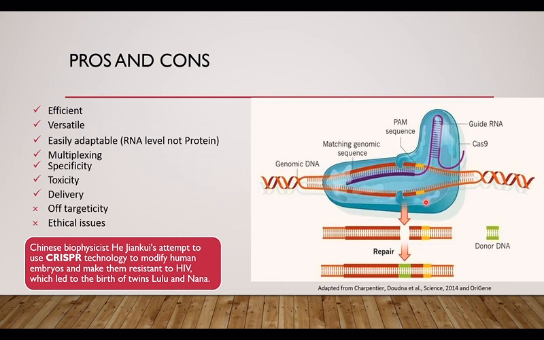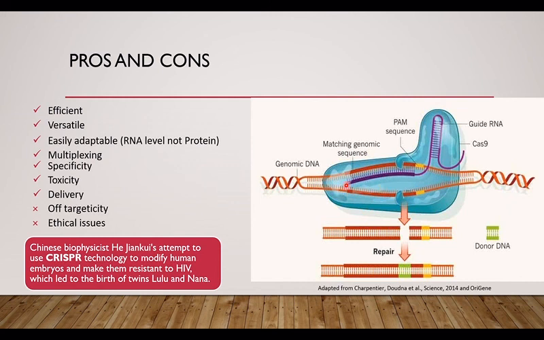Next, I am about to give a brief overview of the whole process with this picture. I hope you now have a proper idea of how the CRISPR Cas system works. This is the target site, and this is a non-target complementary site.